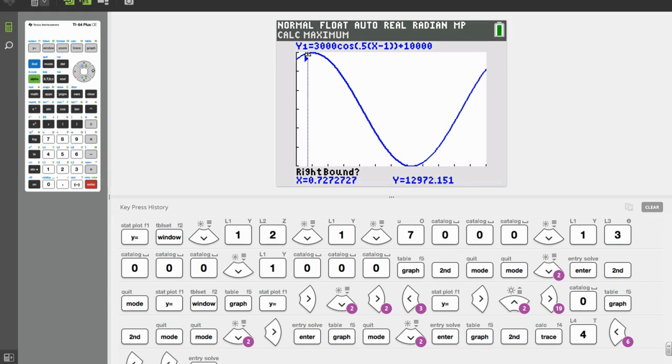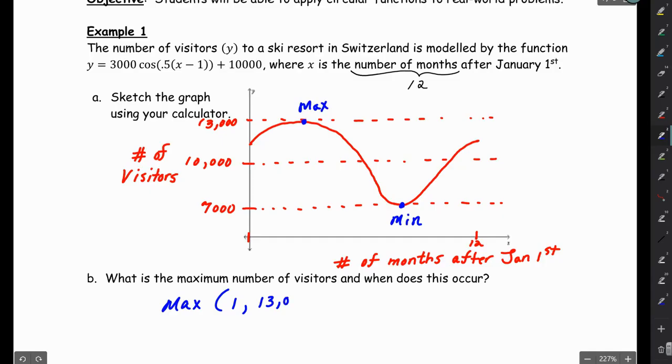Hit enter, move a little to the right, hit enter, and hit enter. And we get a maximum value of 13,000. So that means that we had 13,000 visitors 1 month after January 1st, so that would be February 1st.